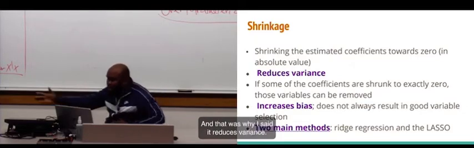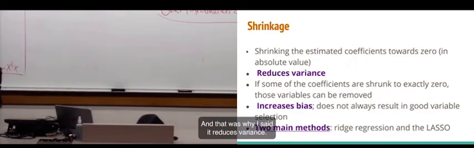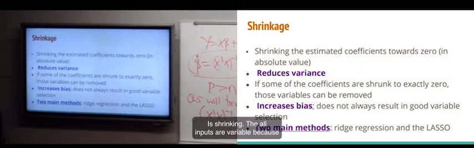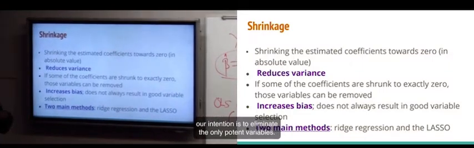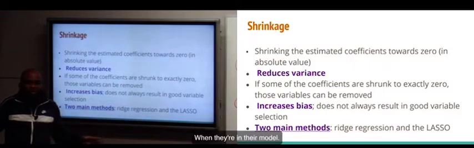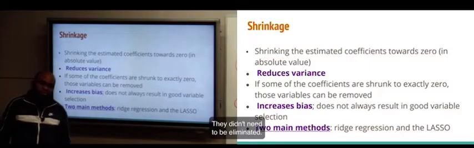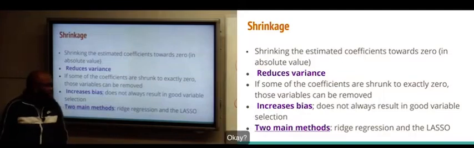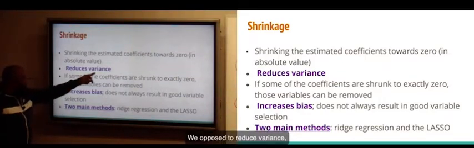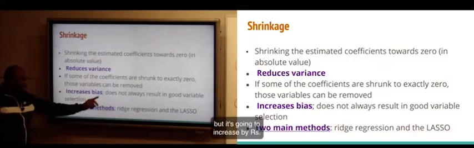Okay, now take a look at this. That was why I said it reduces variance. It will help us in shrinking the unimportant variables, because our intention is to eliminate the unimportant variables. When they are in our model, they will cause problems, so they need to be eliminated. The approach of regularization will help us to reduce variance, but it's going to increase bias.